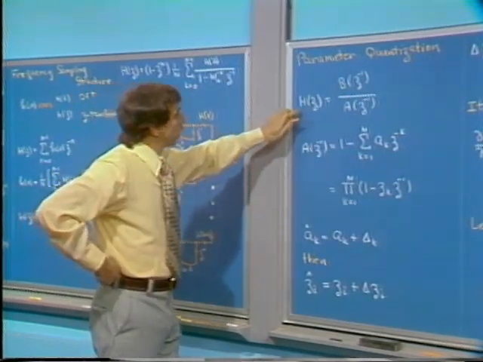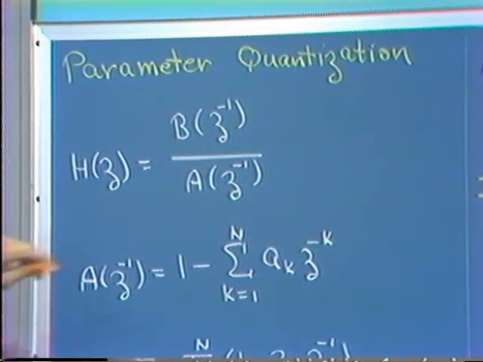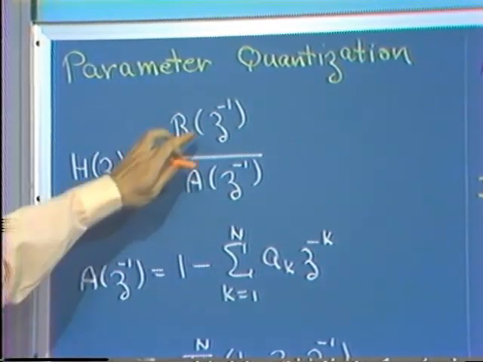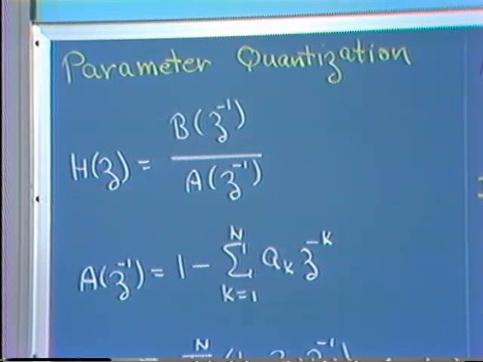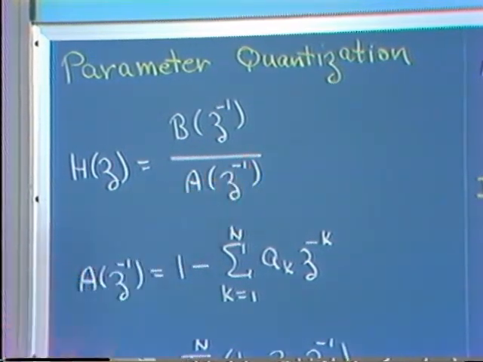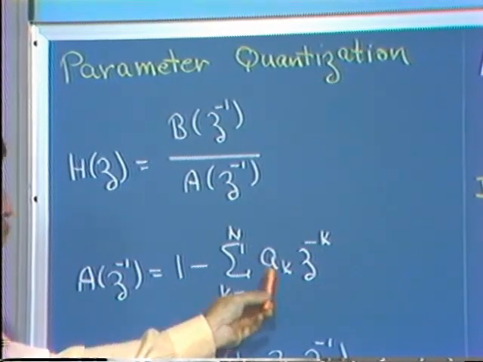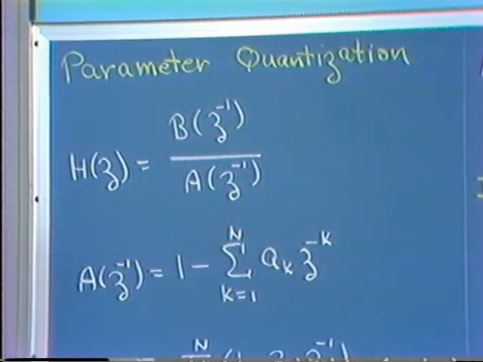In particular, we have, of course, the general form for a system function as a ratio of polynomials in z to the minus 1, where the denominator polynomial, as we've been writing it, is of the form 1 minus the sum of a sub k times z to the minus k.